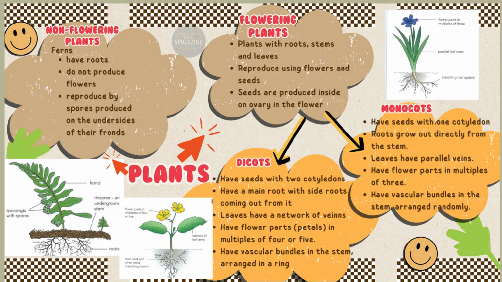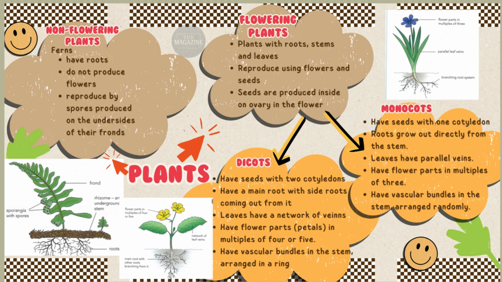Plants kingdom. So this plant kingdom we can divide again into two subcategories: non-flowering plants and flowering plants. Non-flowering means they don't have flowers. They don't produce flowers. So the main example is ferns.